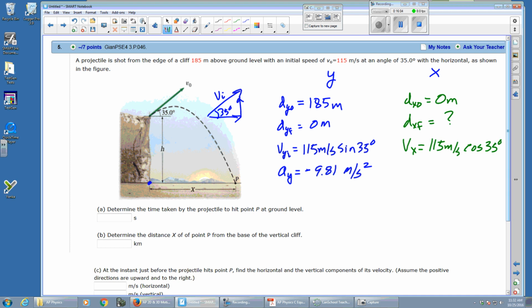Of course, I don't have any acceleration in the x direction because we're talking about a simple projectile here. And I know they share a common delta time.